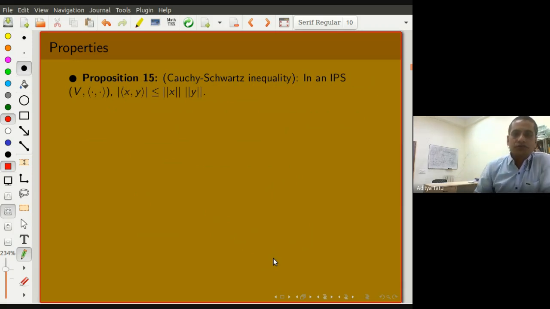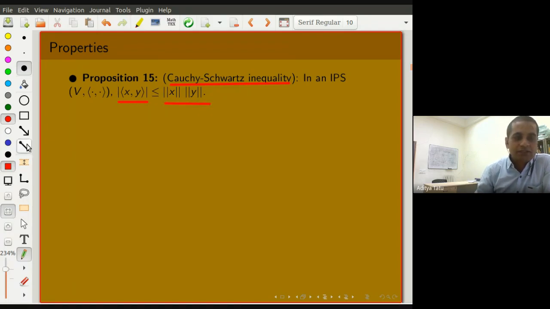let's try to prove another property, another inequality in this case. Once again, you may have come across this in your signals and systems course. I'm not very sure. This is the so-called Cauchy-Schwarz inequality. What it says is the absolute value of the inner product of two vectors X and Y must be less than or equal to the product of the norms of the two vectors.